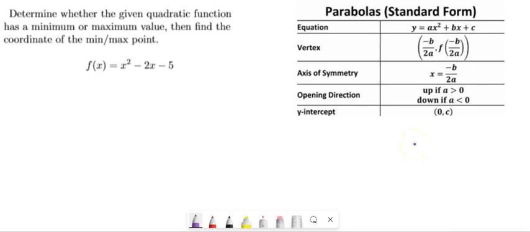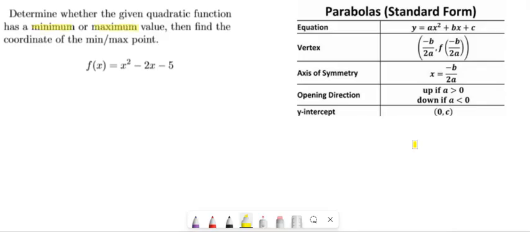Hey everyone, in this video we're gonna look for the vertex and determine whether the parabola is looking upward or downward. I just placed here the formulas for dealing with the standard form of a parabola, and the first task is to look for whether it has a minimum or a maximum.